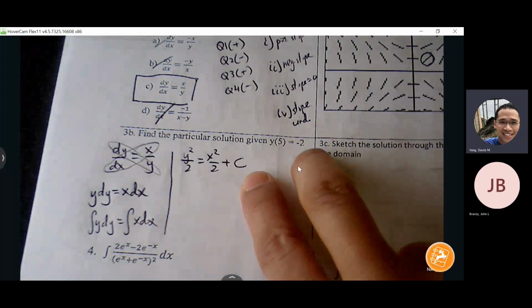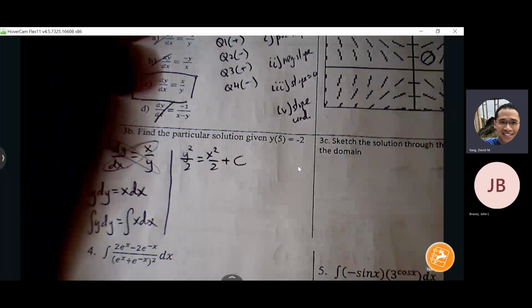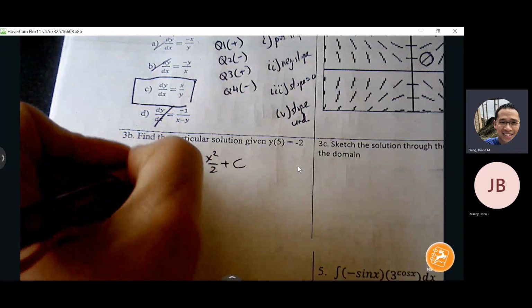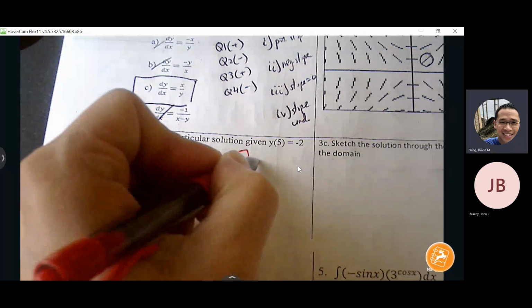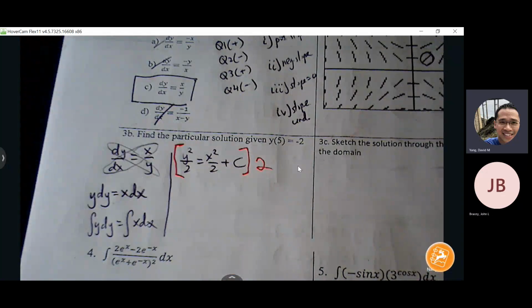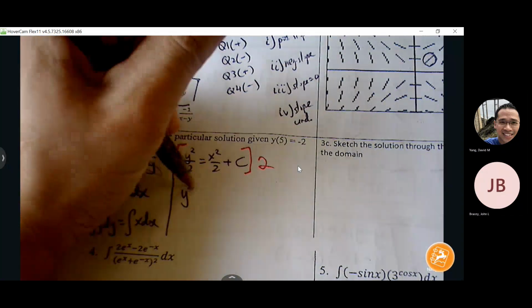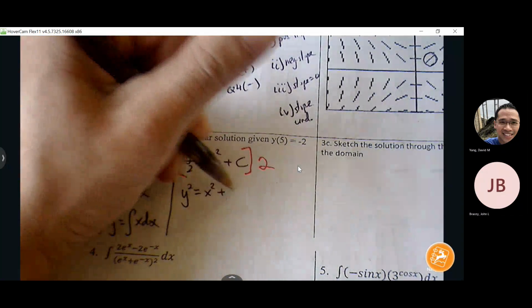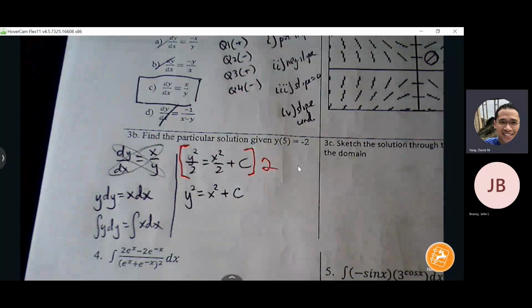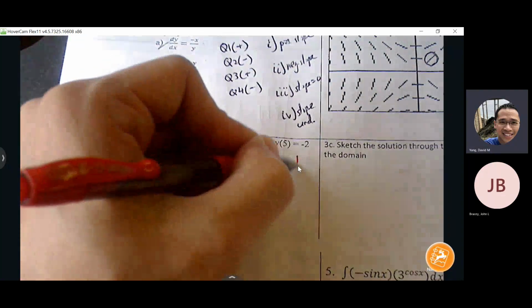Now, if you want to solve for C at this point, you're more than welcome to. I just want to clean up a little bit here, multiply through by 2, just to get that left side a little bit easier for me to solve for C. So it feels a little bit easier now for me to plug in my ordered pair. That's just my preference.